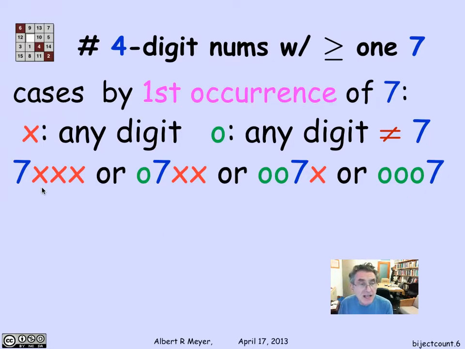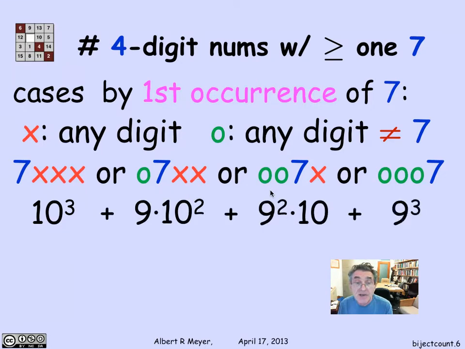Now these individual patterns are easy enough to count using the product rule. Here I have to count how many triples of any digits there are. Well, there are 10 digits, so it's 10 cubed. Here, the first choice is 9 and the next two choices are 10, so it's 9 times 10 squared. Here it's 9 squared times 10, and here it's 9 cubed.